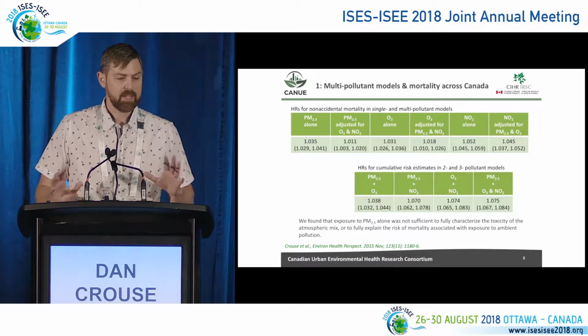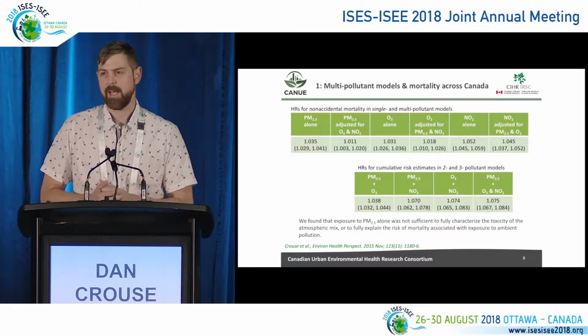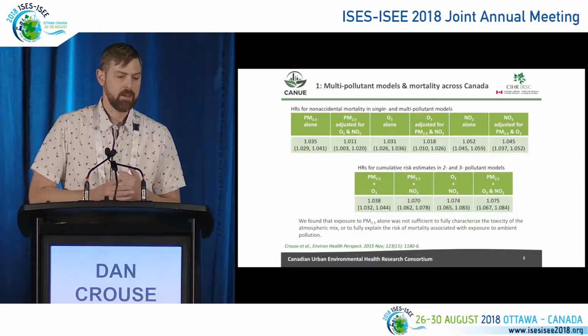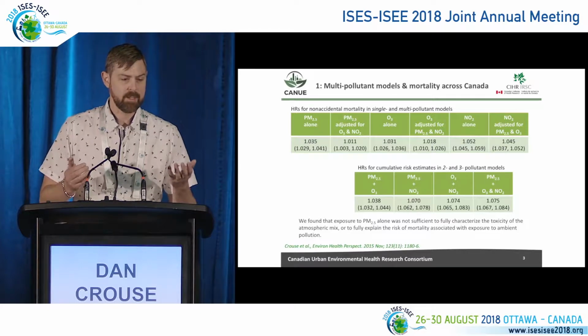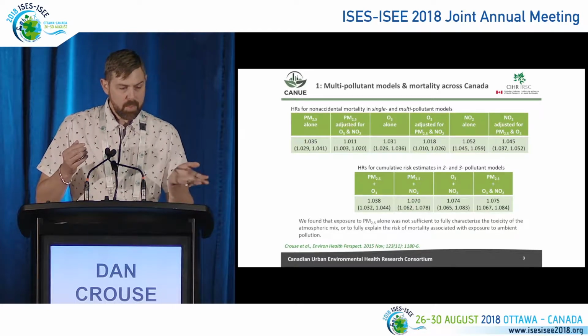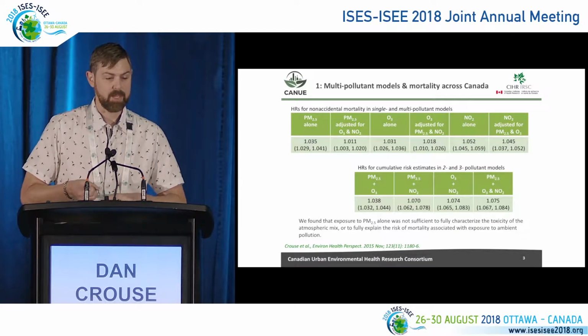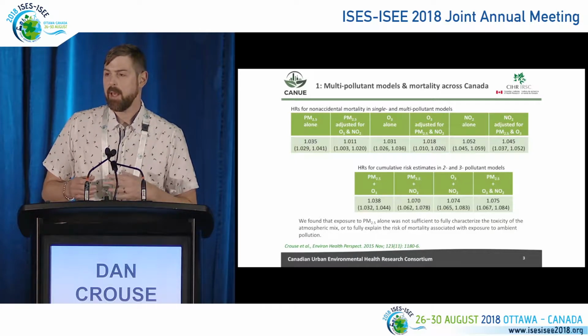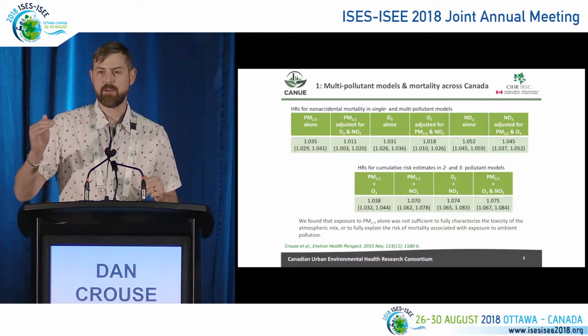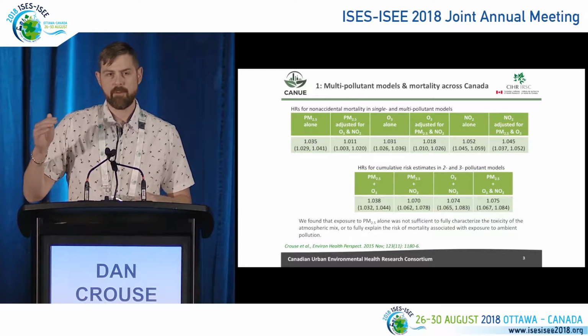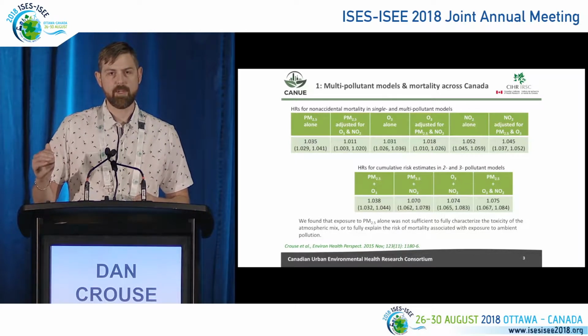Whereas here I'm showing cumulative risk estimates, which are essentially a product of the three effects. The way these can be interpreted, the one on the far right, PM2.5 plus ozone and NO2, is the increased risk associated with a 1 unit increase in all three pollutants versus no increase in any of the pollutants.